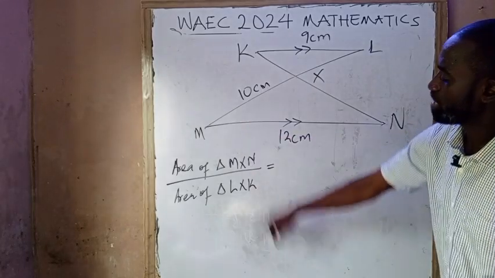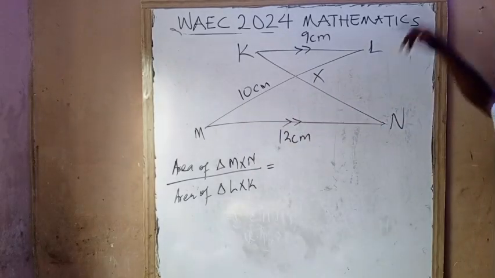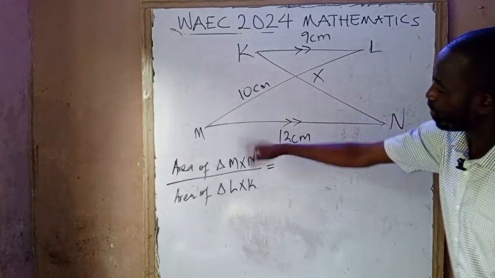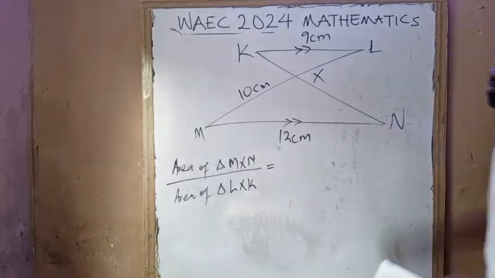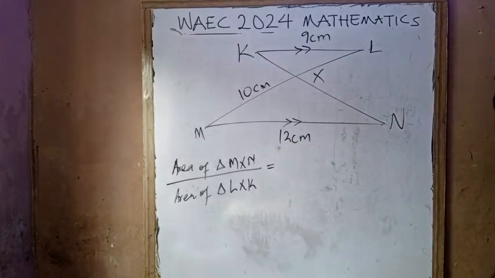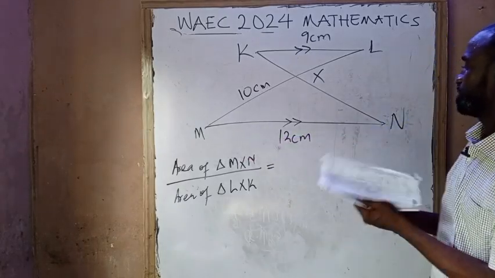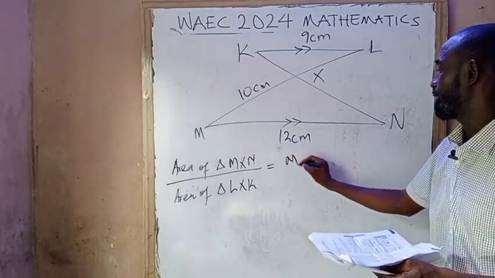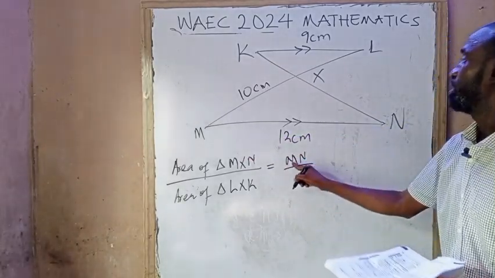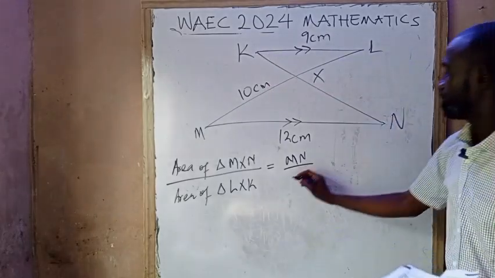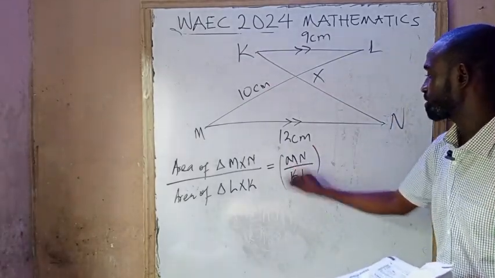The ratio of the area of the similar triangles will be equal to the square of the ratio of the corresponding sides. So where is the corresponding side? For this one, MN over KL, all squared.